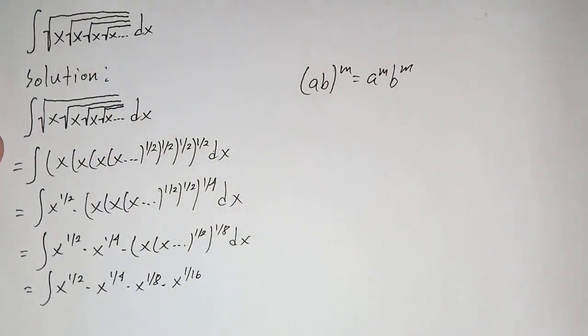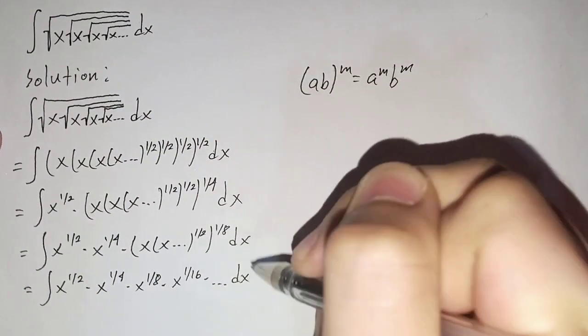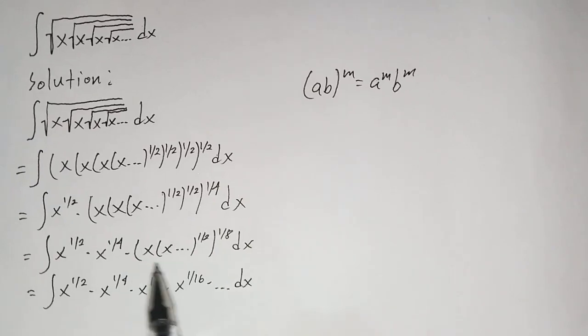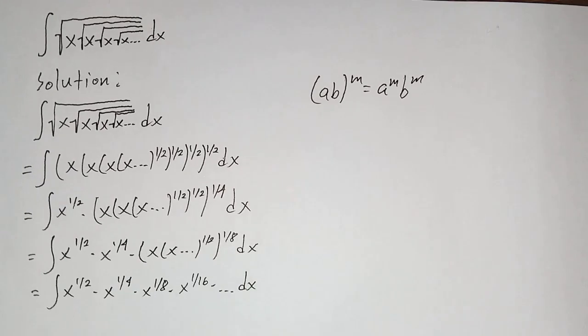And we will keep doing this pattern all the way up to infinity with respect to x. So we just keep multiplying infinitely many 1/2 into our main exponent here.